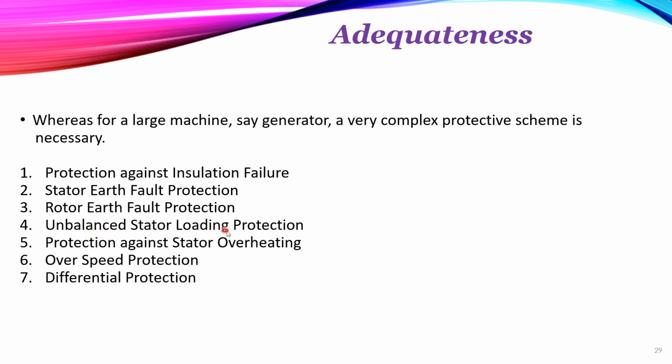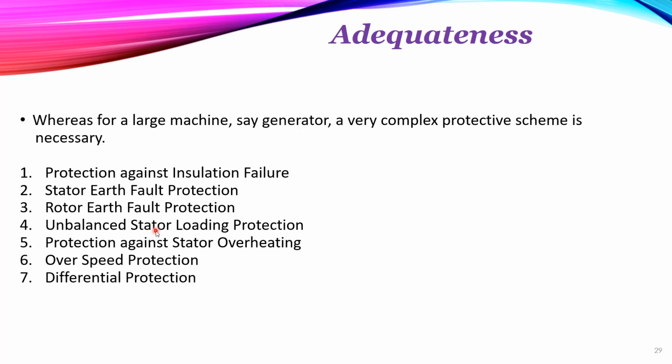Unbalanced stator loading protection means that the stator, which produces our three-phase power, if the currents flowing inside the stator are not balanced, this will also cause different problems inside the rotor, which will be discussed in the lecture.